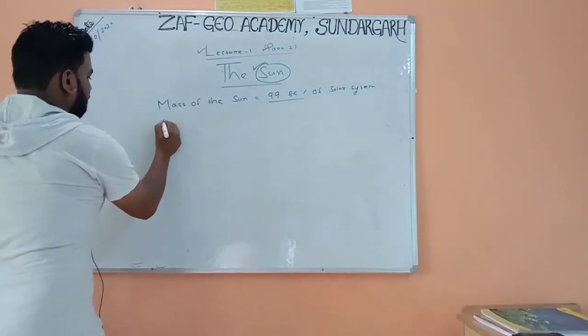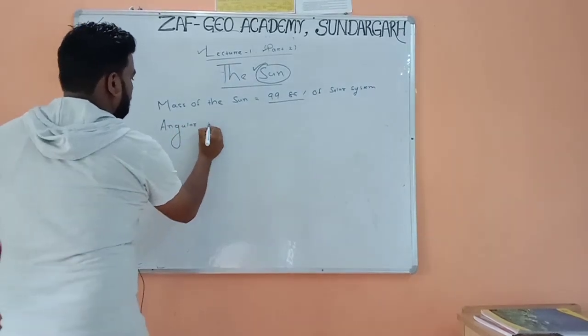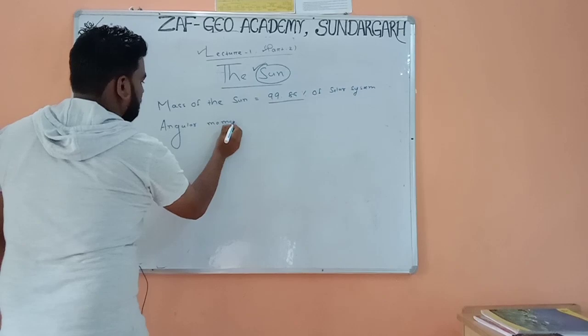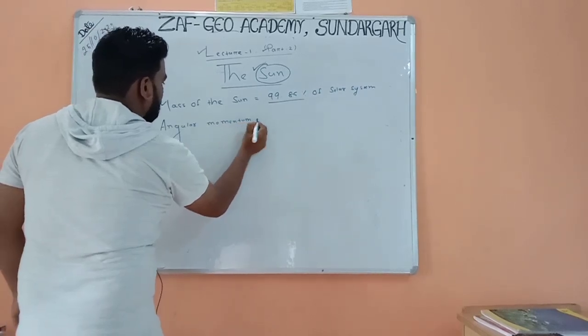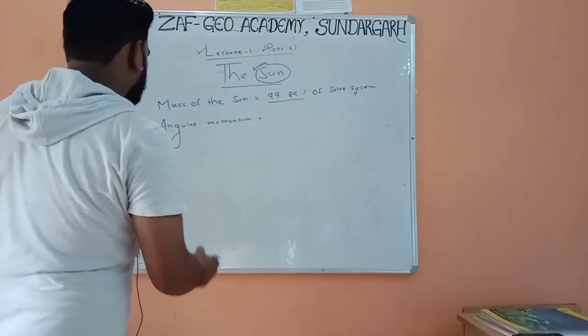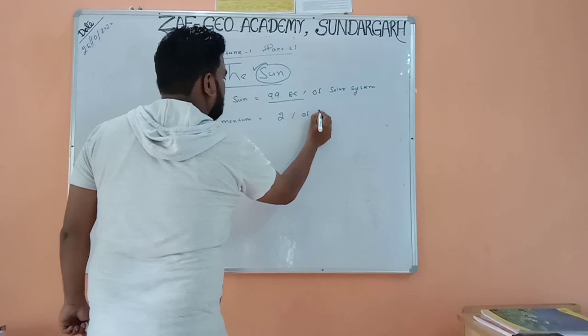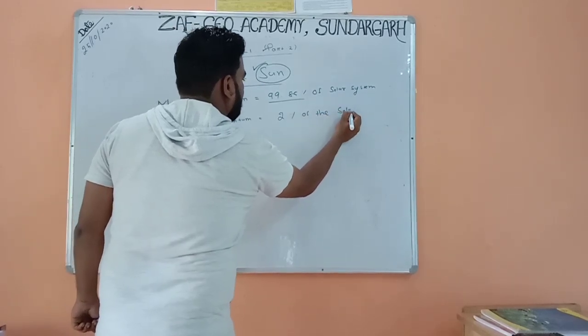Angular momentum by the sun is 2% of the solar system.